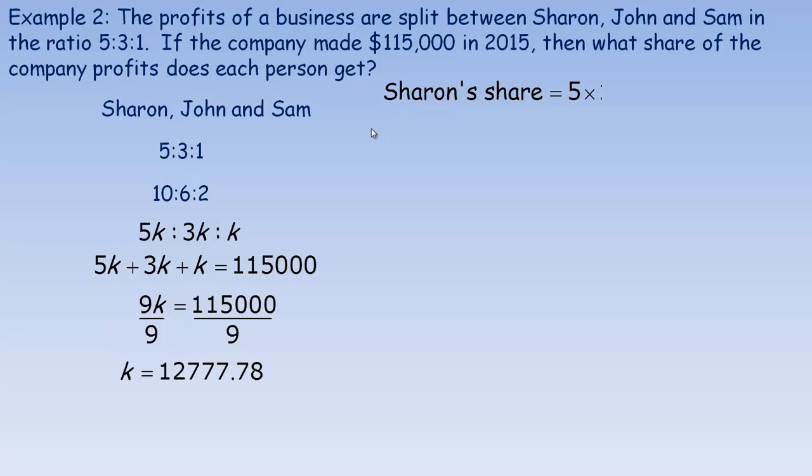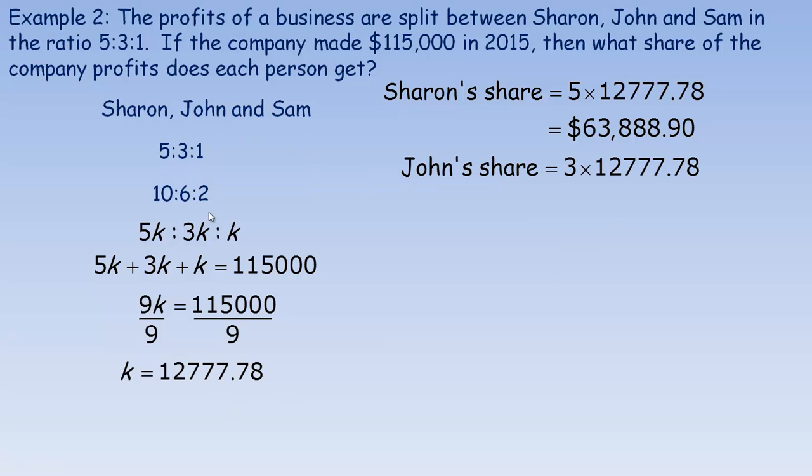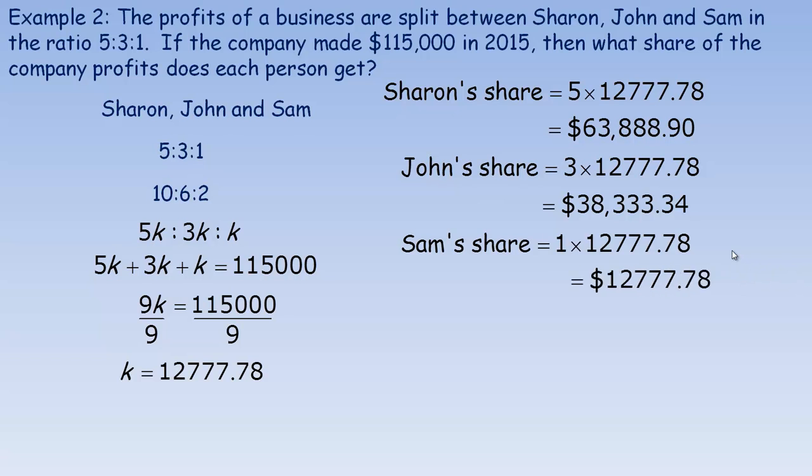Sharon's share would be 5 times this number, and that works out to $63,888.90. For John's share, we'll multiply the 3 by this 12,777.78 number, and he's going to get $38,333.34. And Sam's share is just 1 times that, so it's going to be $12,777.78.